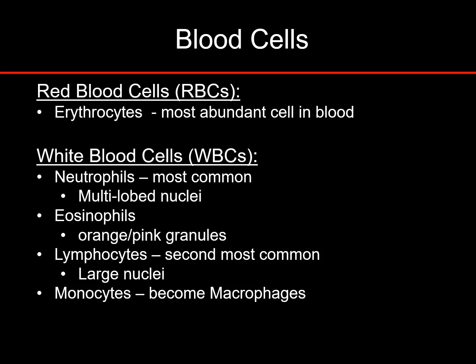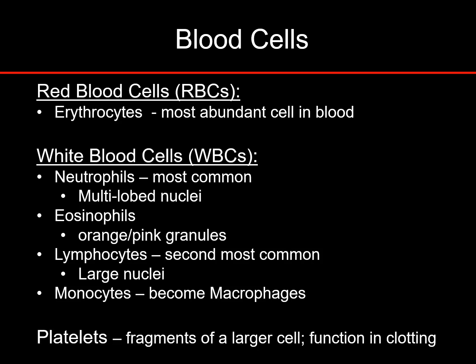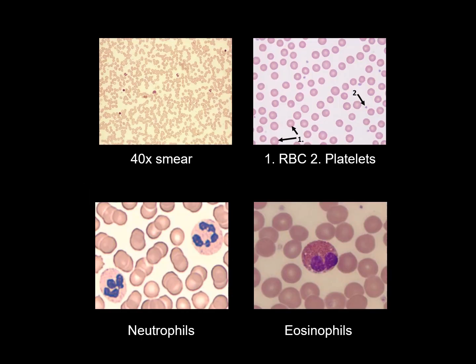So they're called monocytes in the blood, and they become macrophages in the tissue. And we do have platelets, although they're not cells, they're cell fragments. We do see platelets in our blood slides as well, and they're very small, way smaller than any of our blood cells. So let's take a look.